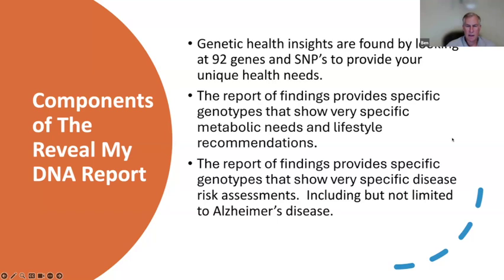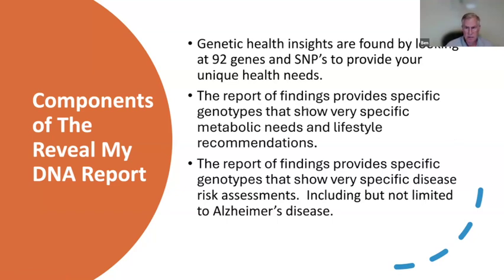So what are we looking at? Insights found in looking at 92 genes and SNPs to provide your unique health needs. The reported findings provide specific genotypes that show very specific metabolic needs, as we just talked about, and then lifestyle recommendations. And then we're going to have specific genotypes that show very specific disease risk assessments. Remember, this is not a diagnosis, it's a risk assessment. And it's including, but not limited to, Alzheimer's disease, right?